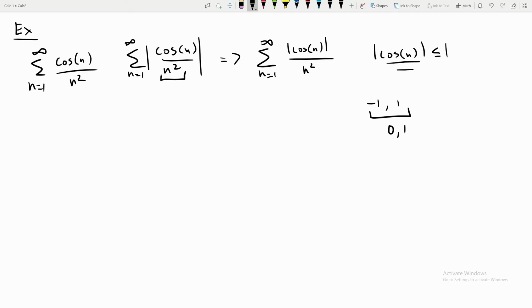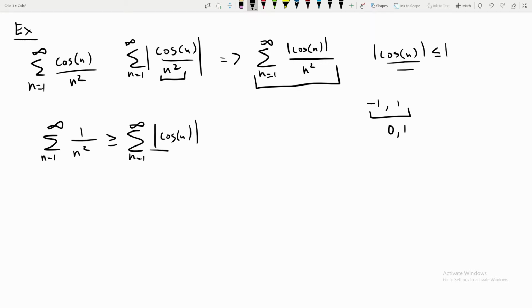Now what we want to do is use those comparison tests that we've learned about before and compare this series to a much simpler series, which will be this. And we know that this series is going to be greater than or equal to the series that we're currently working with, which is the absolute value of cos of n over n squared.